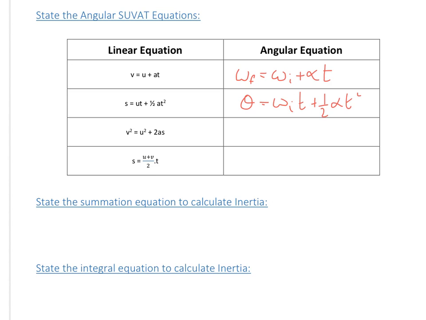And then to get the final angular speed squared, we have the initial speed squared plus 2 times the angular acceleration times the angular displacement. And then finally, if you want to calculate the angular displacement, we can do this very similar equation here.